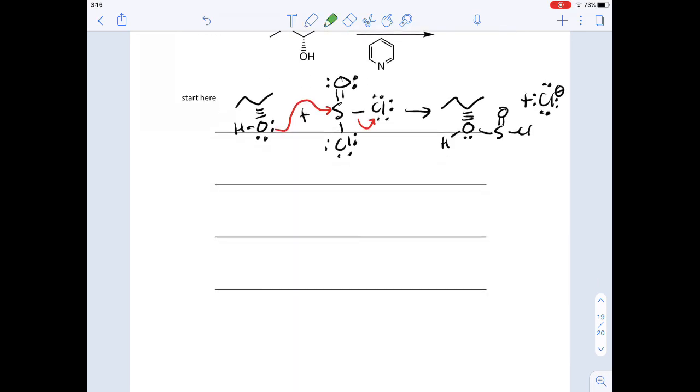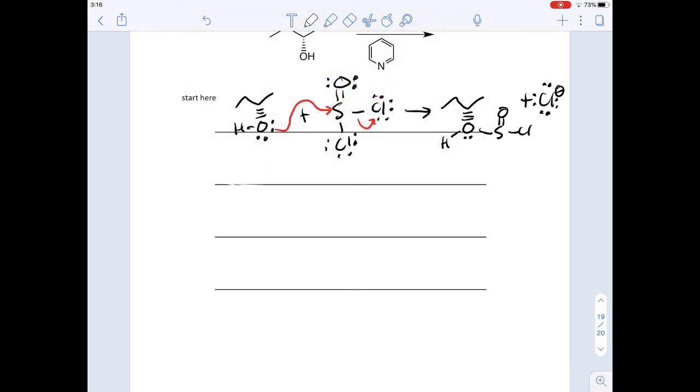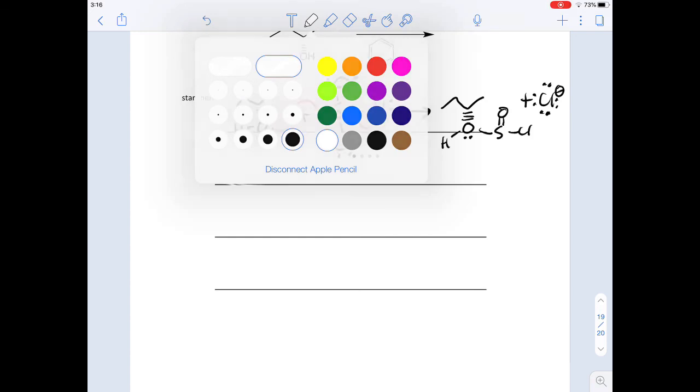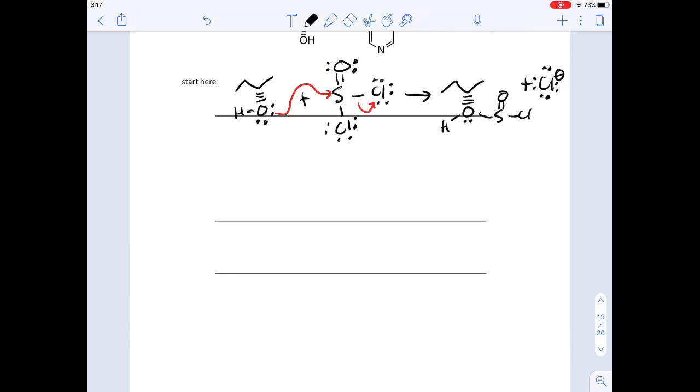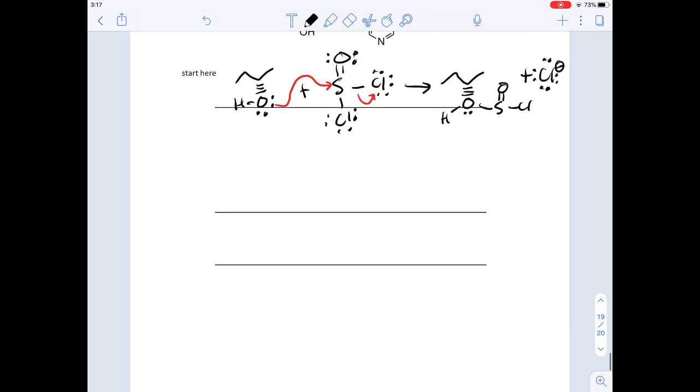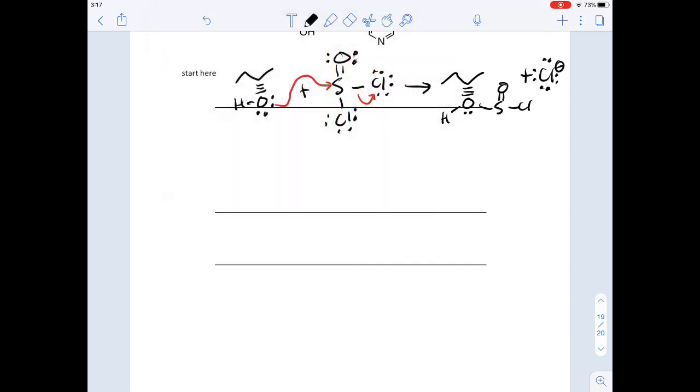In the next step, which I don't actually have space for, so I'm going to go over this with white because I've been writing too big. Okay. So in the next step, you're going to use the pyridine to deprotonate. Oops, I actually forgot to write in the plus sign.